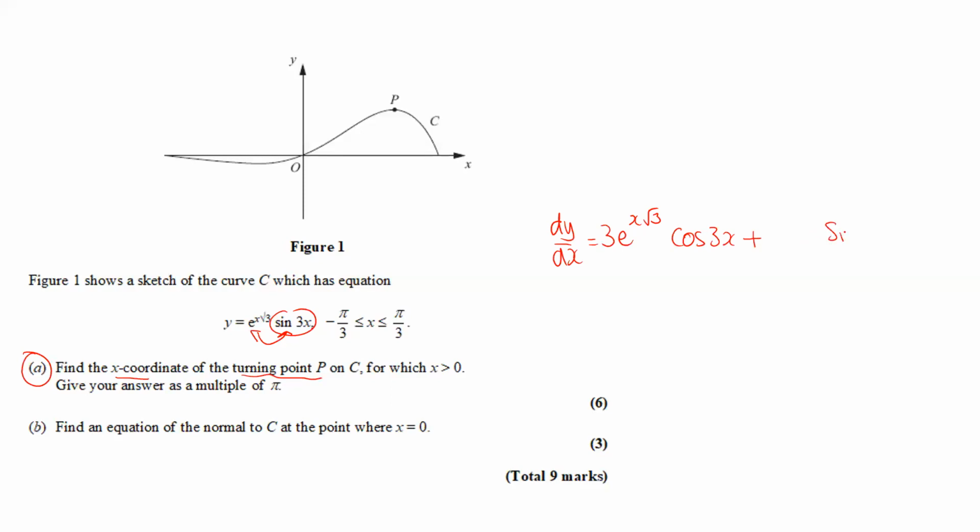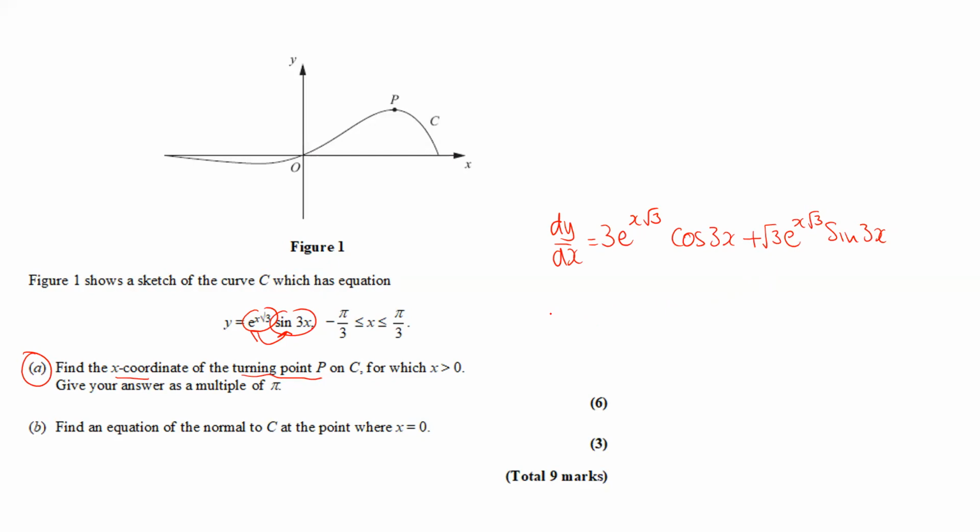So I'm going to put second and then do the differential of first here. When we're differentiating e to the x root 3, we're going to use the chain rule. E to the x differentiates to itself. So we're going to get e to the x root 3, but then times by the differential of that inside function, we're going to get a root 3. Everyone okay with that, with using the product rule?